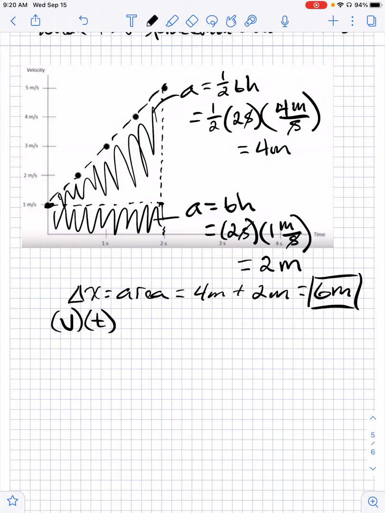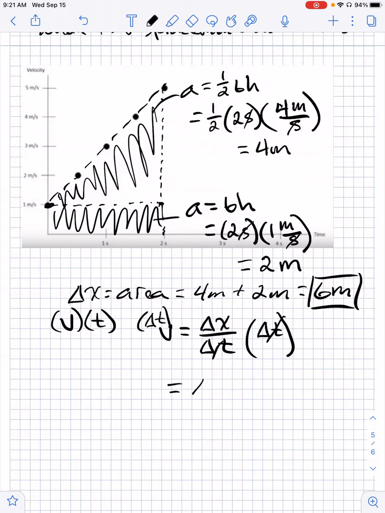And if you remember from the last unit or from the beginning of the year, we had an equation where the velocity was equal to the displacement over time. If we rearrange this equation and multiply both sides by delta t, what you end up with is delta x equals v delta t, which is what we're doing here. We're taking the velocity, multiplying it by the time, and solving for the displacement.